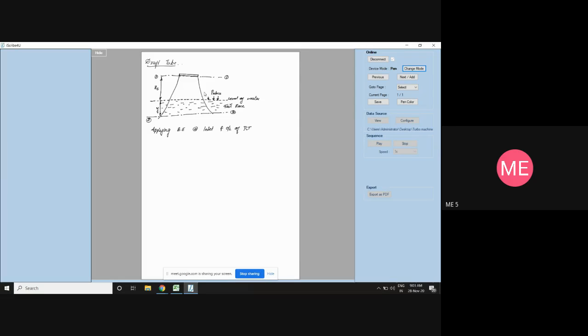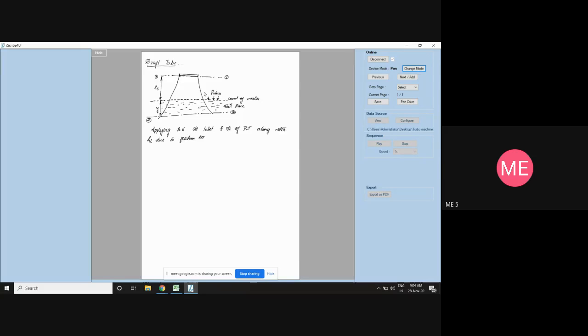If I apply the Bernoulli's equation about inlet and outlet of the draft tube, then what will happen? What is the equation? Along with head loss due to friction. If I include that, then what will happen?